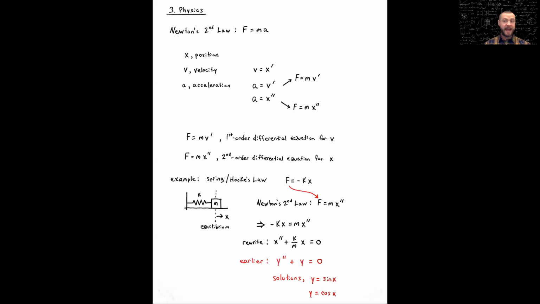Above, we're thinking of x as the function, and then below in red, we're thinking of y as the function. Now earlier in the first motivational topic, you kind of saw, I hope just from your knowledge of derivatives, that sine and cosine are solutions to that differential equation in red. So we would say solutions are sine of x and cosine of x, which is what you would expect for things that oscillate.